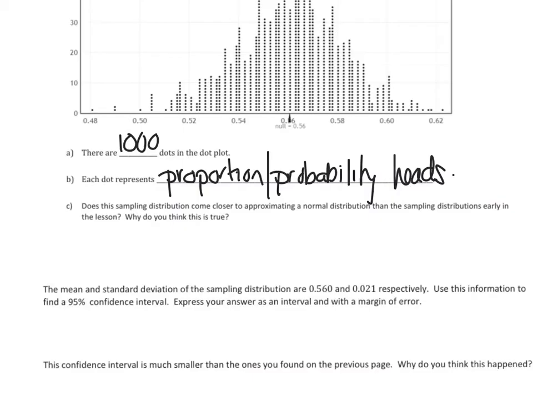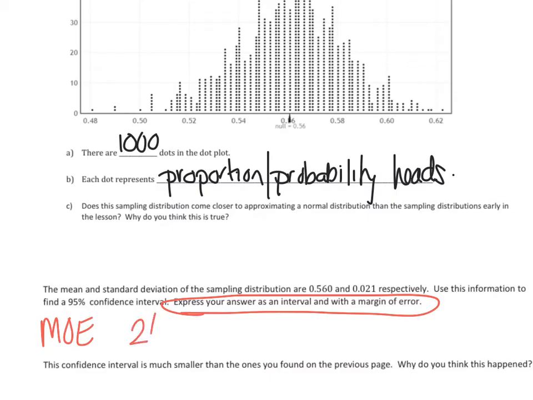Okay, the next one says the mean and the standard deviation of the sampling distribution are 0.560 and 0.021. Use this information to find a 95% confidence interval. Well again, I'm going to express it with a margin of error. Remember, a margin of error is just 2 times the standard deviation, so 2 times 0.021. So I'm going to say that margin of error is 0.042. Now it wants me to get a 95% confidence interval.